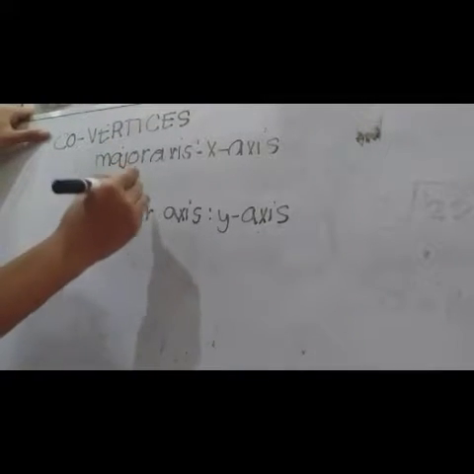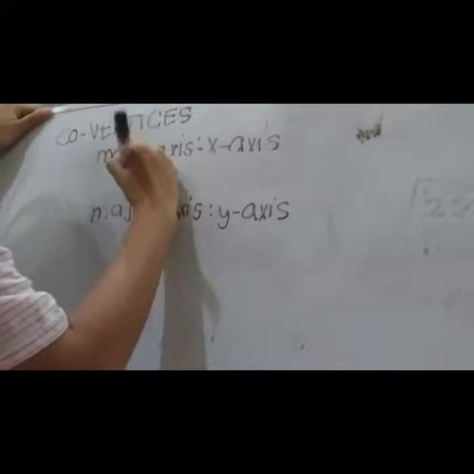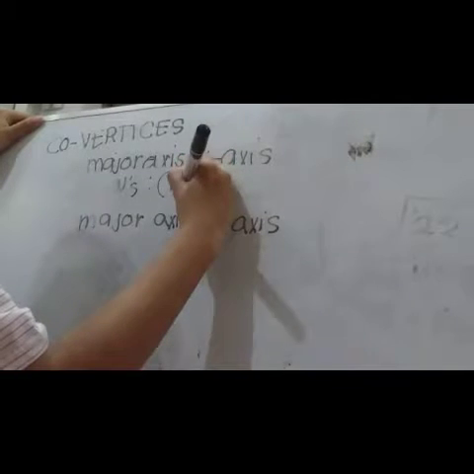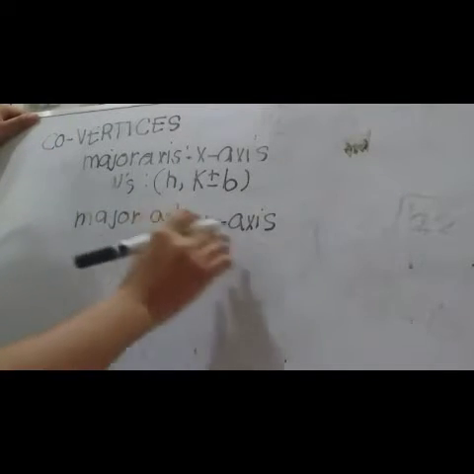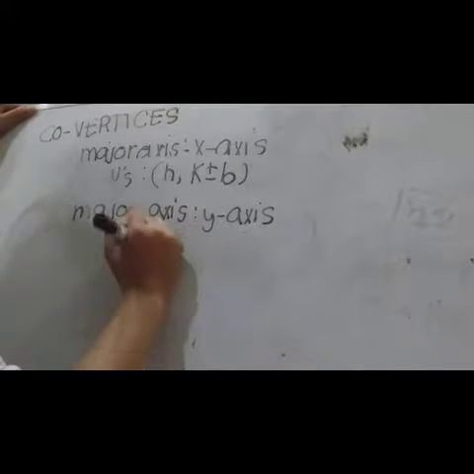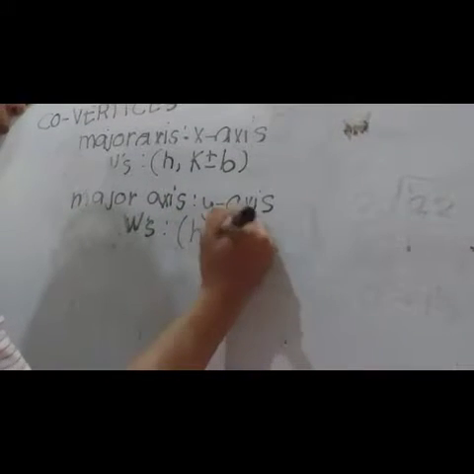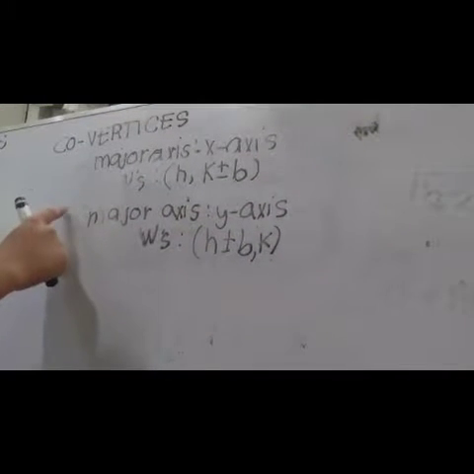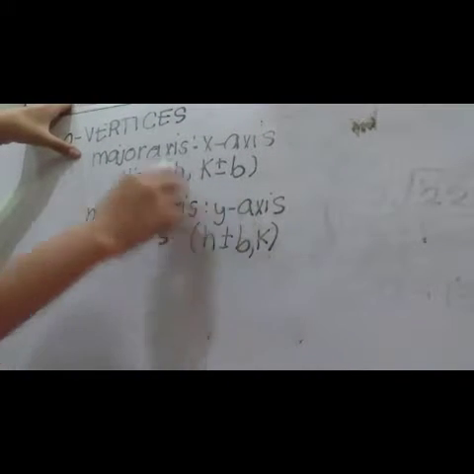If the major axis is the x-axis, our formula for the co-vertices is this. And if the major axis is the y-axis, it is this. As you have noticed, we only put the B on the axis opposite to the major axis.